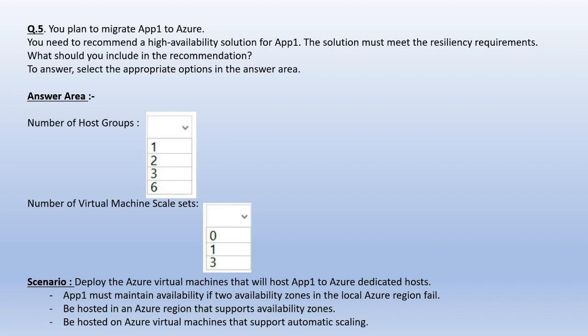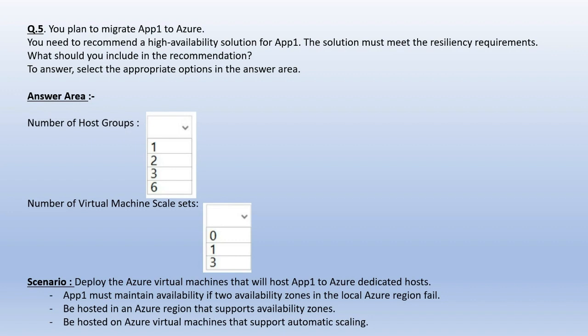Two availability zones, even if they fail, the app should run. So we need a minimum of how many? You can guess. Be hosted in an Azure region that supports availability zones. Be hosted on Azure virtual machines that support automatic scaling. So we need VMSS.